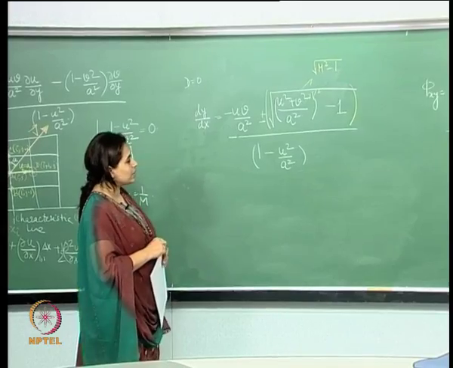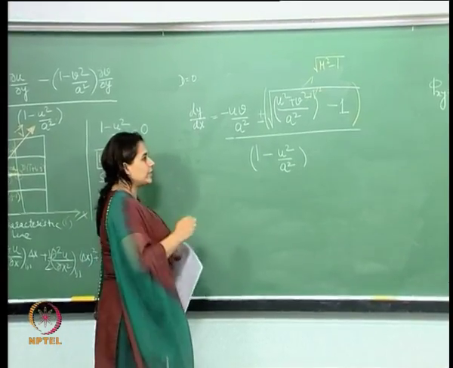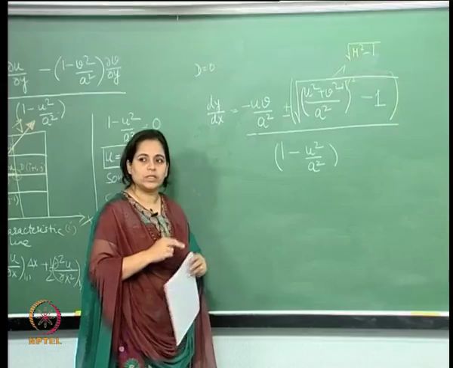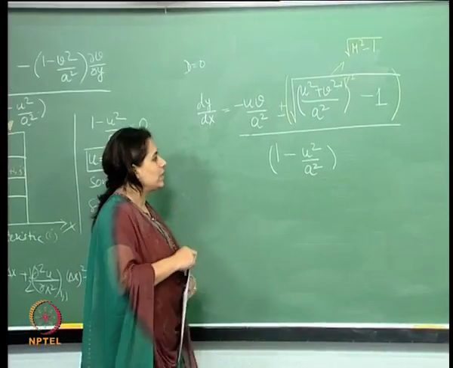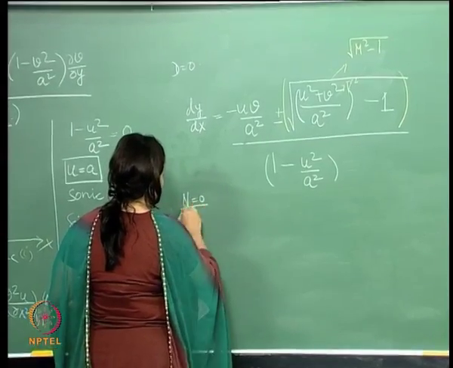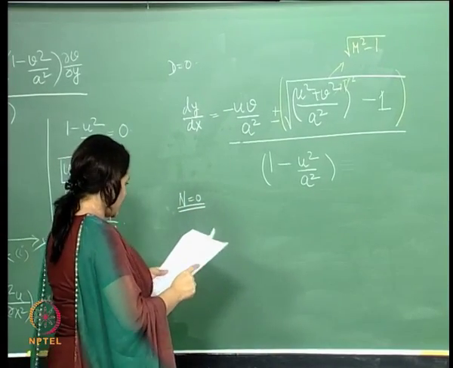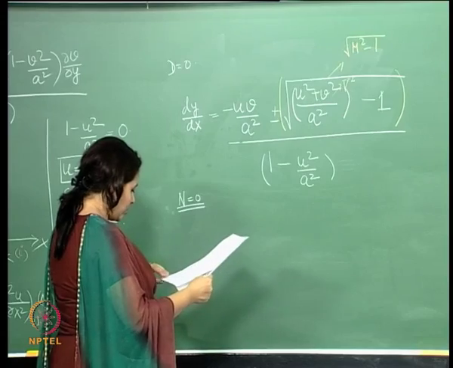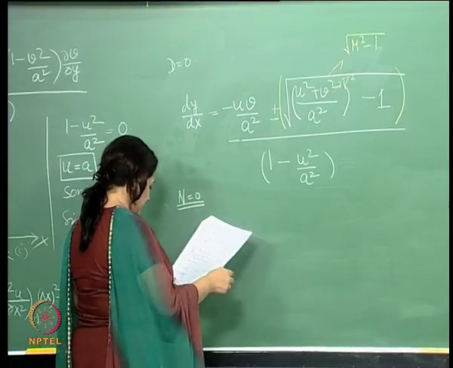In this particular case, let us first find out the compatibility equations, then we will discuss this a little further. So, let us just put n equal to 0. If I do that, then what I get is this.